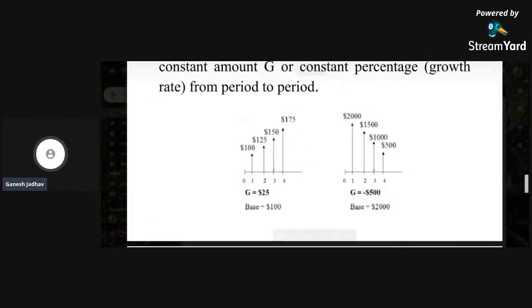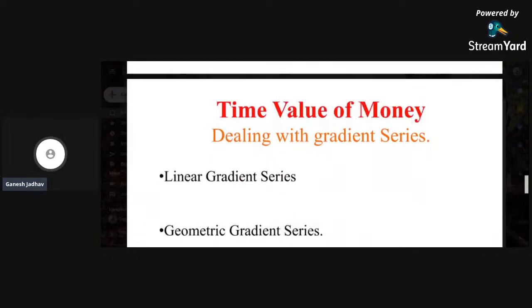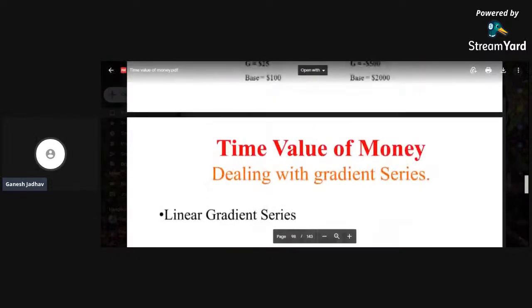Now 25 is the constant amount, 500 is the constant amount. It increases or decreases.